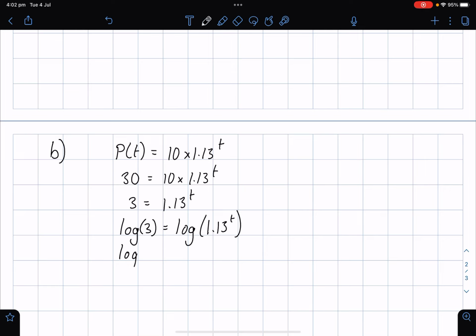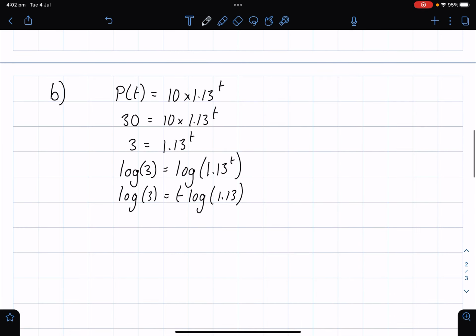So I've got log of 3 equals t log of 1.13. And to get t by itself here, we divide by the log of 1.13. So t is log of 3 all over the log of 1.13. Now, this comes out to be approximately 9 years.